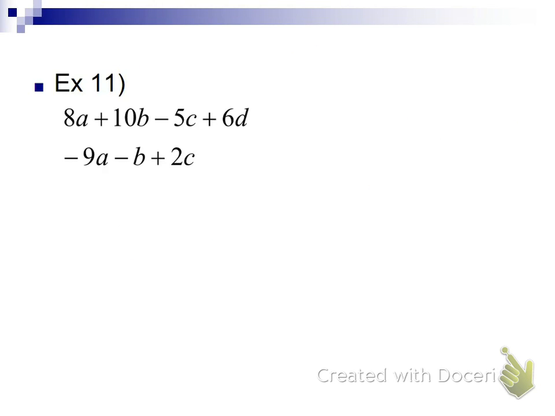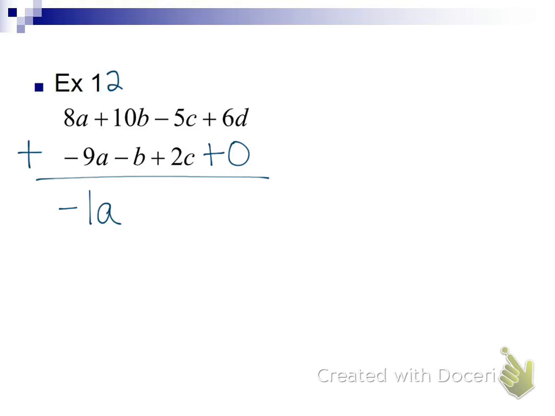All right, last one. What's nice about this one? They're lined up for us already, which is kind of nice. We could fill in that blank space on the end with a 0 if you want to. If we take 8a plus negative 9a, negative 1a, you could just put negative a.